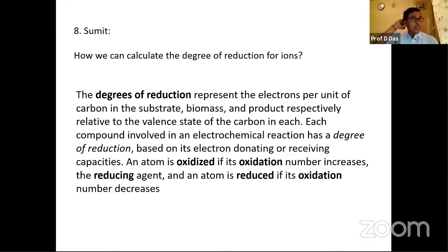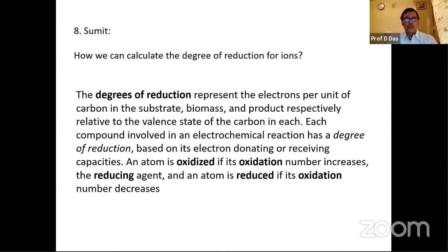The next question is how we can calculate the degree of reduction of the ion. Very important, very interesting question. What is degree of reduction? I told you, it is the number of free electrons required for particular atoms.